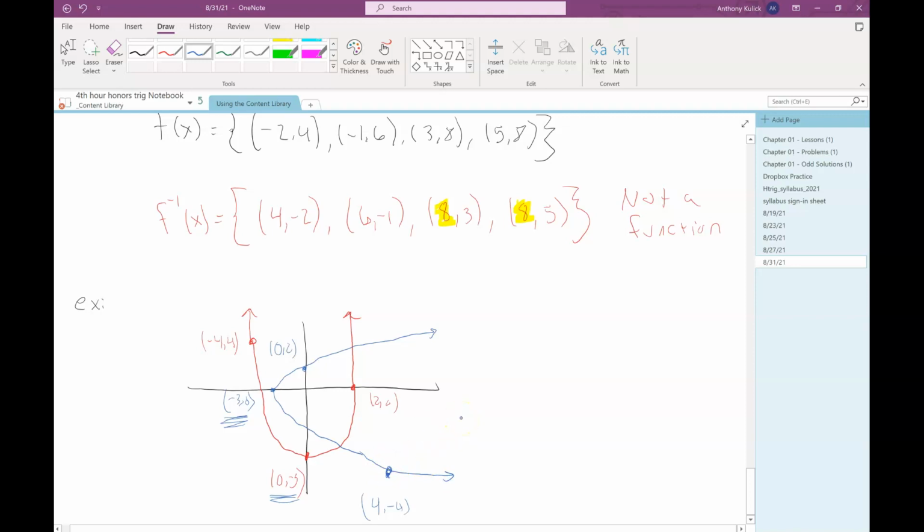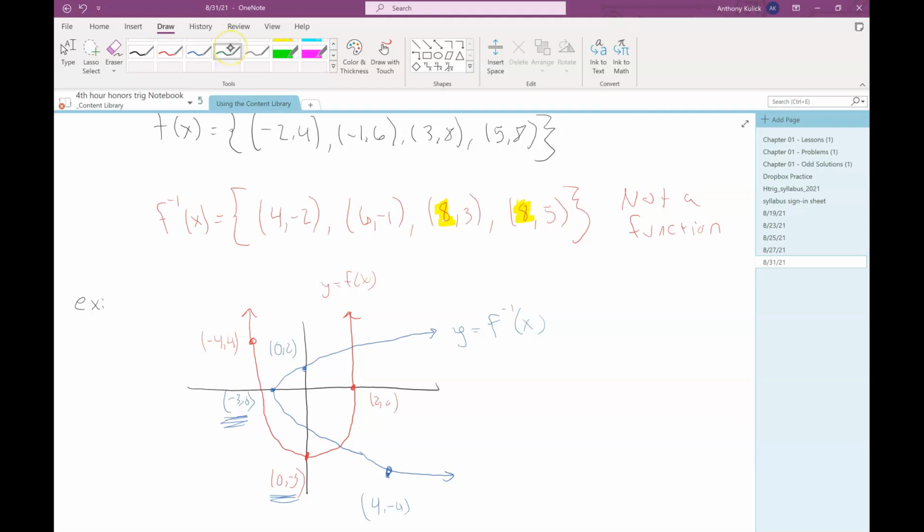So my inverse would look something like this. Everybody okay with that?